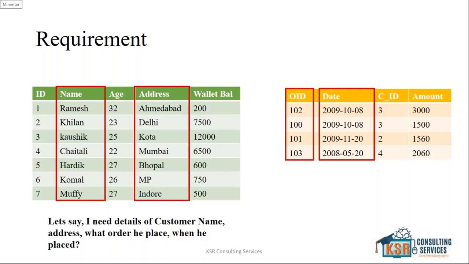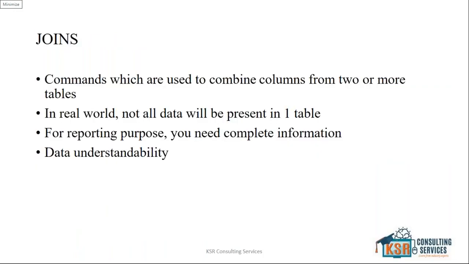Everything has to be organized, and they have to put it in a proper way. In real time, try to understand, data will not be present in one table. Very, very important point. Data will be present in multiple tables.